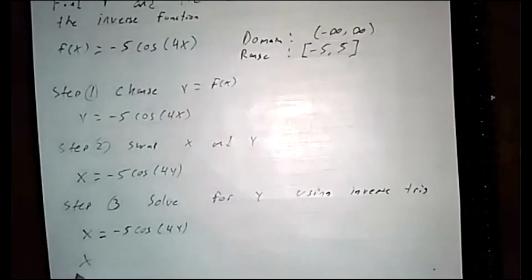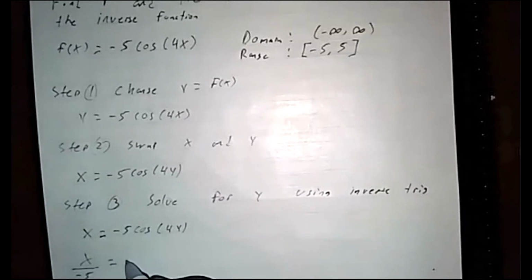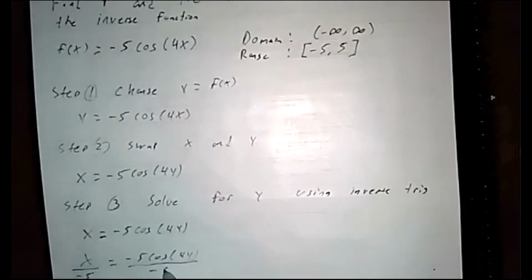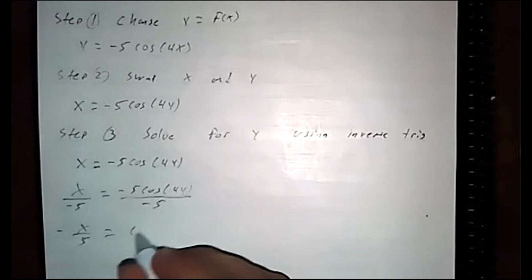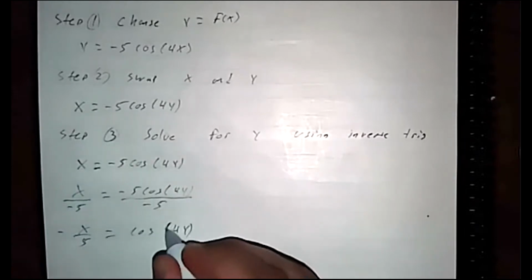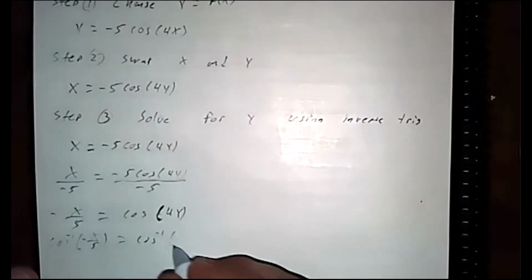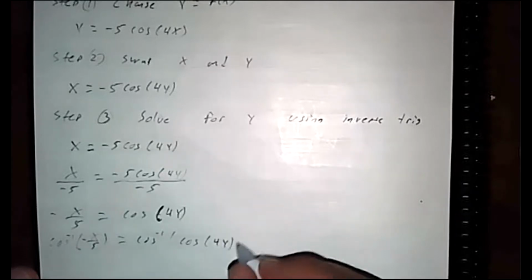So we divide both sides by -5, which gives us -x/5 equal to cosine of 4y. So at this point, you introduce cosine inverse. Cosine inverse of -x/5 is equal to cosine inverse of cosine 4y.